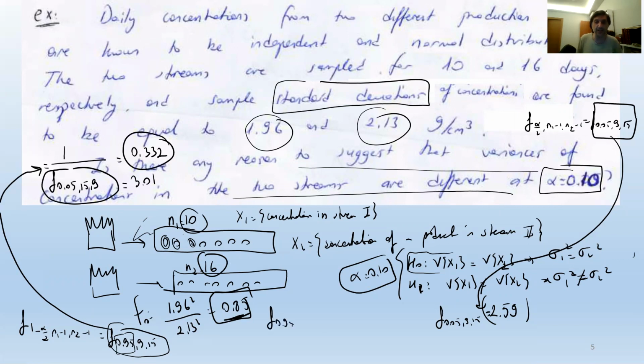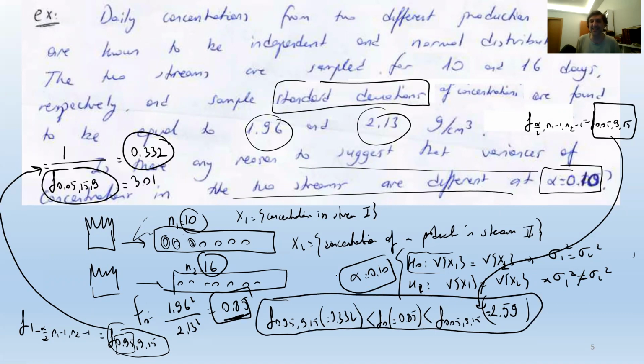Since this is F 0.95 with 9 and 15 degrees of freedom, this is equal to 0.332. Note that our F0 value lies between those two. Since this is the case, there is not substantial evidence to suggest that variances differ. So we cannot reject that the variances of the two streams are equal to each other.